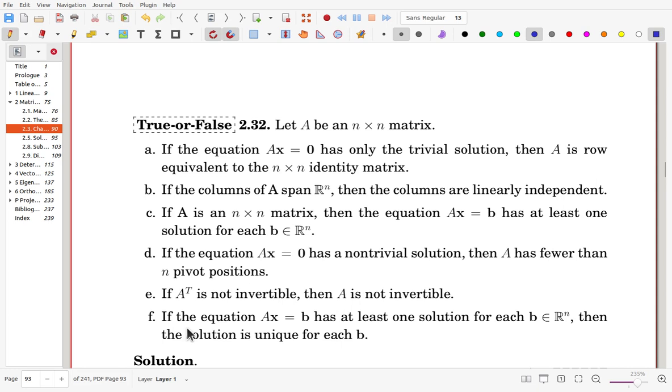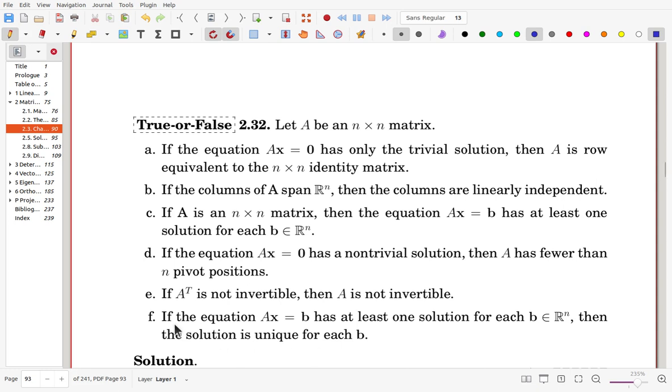Finally, if the equation Ax equals b has at least one solution for each b in Rn, then the solution is unique for each b. Is it true? I guess you have to think a little bit deeply for this problem.